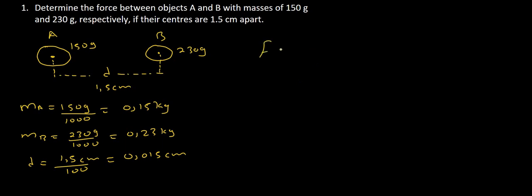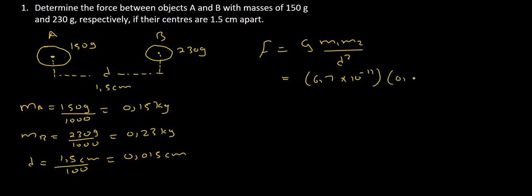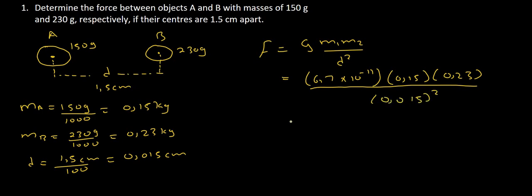Once you are done with your conversion, you can use the formula. The formula states that F equals G multiplied by M1 multiplied by M2 divided by D squared. Our G is 6,7 multiplied by 10 exponent negative 11, close brackets, M1 is 0,15 into 0,23, all divided by our distance, which is 0,015 all squared.